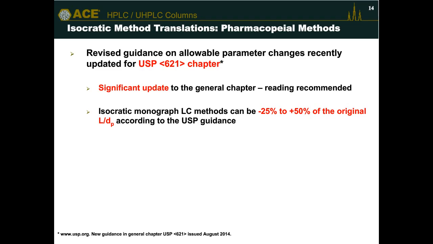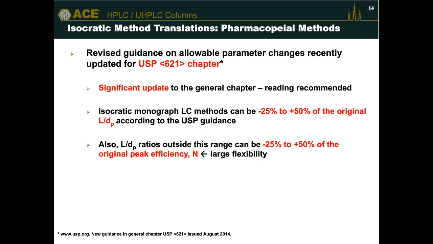So that example that I showed you didn't have exactly the same value as the length to particle size ratio, but it was still within the specifications for an allowable adjustment to the method. There's also a further update, which means that you can change even further outside of these specifications based on the efficiency of the original peak of interest.